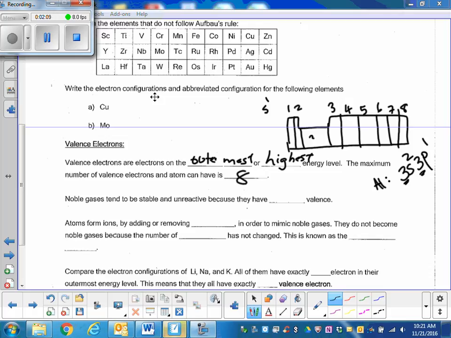What is the total number of valence electrons? 2 plus 1, 3. Does that make sense? So for all group 13 elements, it's the combination of the S and the P that makes the valence electrons. Does that make sense? I think having done aluminum, you understand what it is for all the way up to group 18. Is that right?